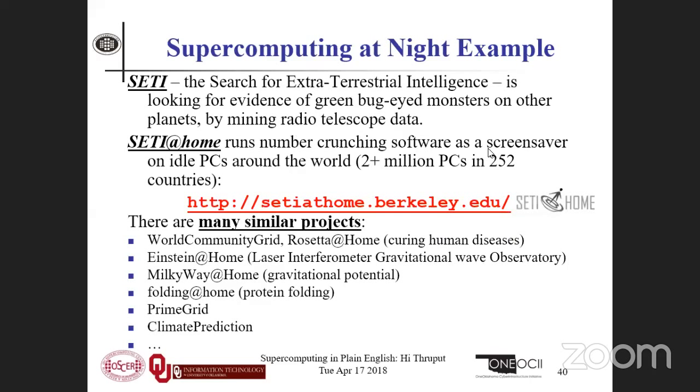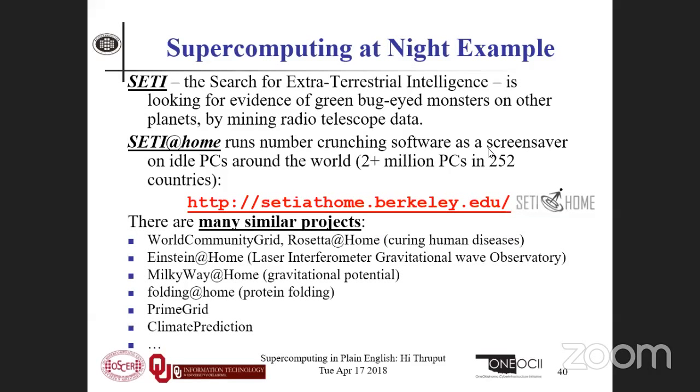Okay. So the SETI people wanted to find that, and the way they have for looking at that is to look at gigantic piles of radio astronomy data, okay? There's tons of this data out there, and there may be signals in the radio astronomy data that will indicate to us that there are indeed intelligent green bug-eyed monsters somewhere out there who are listening and maybe even trying to communicate with us in some way.